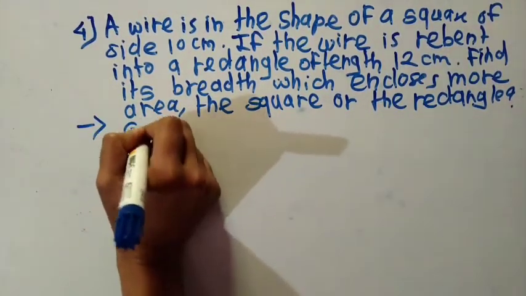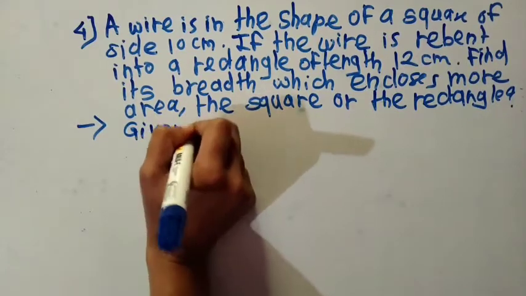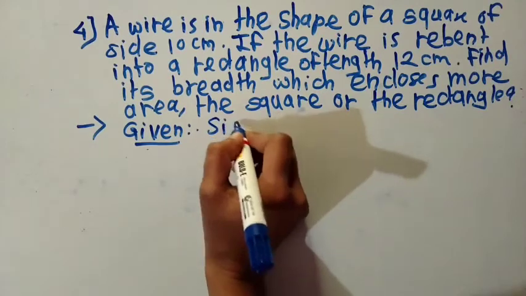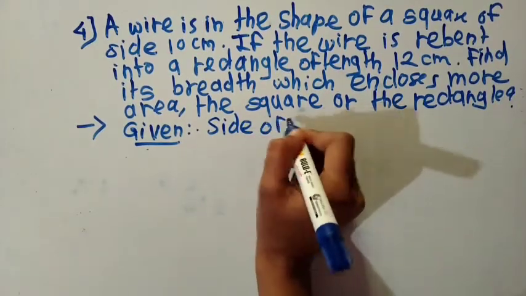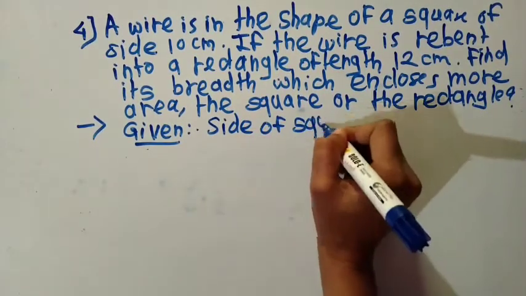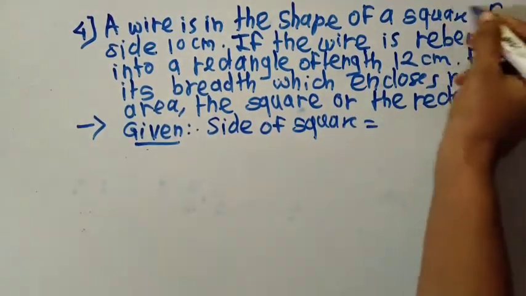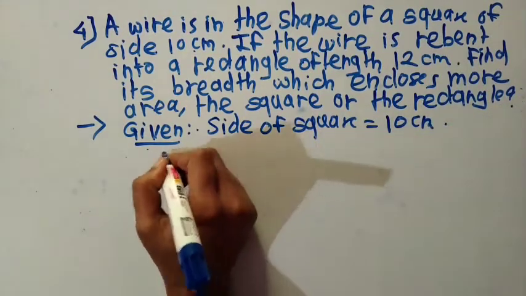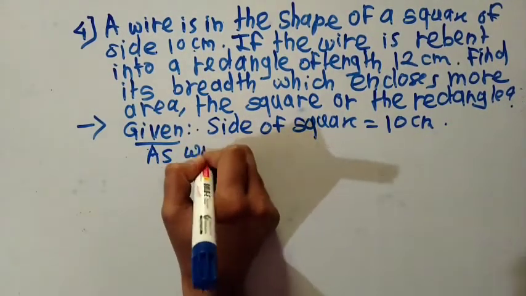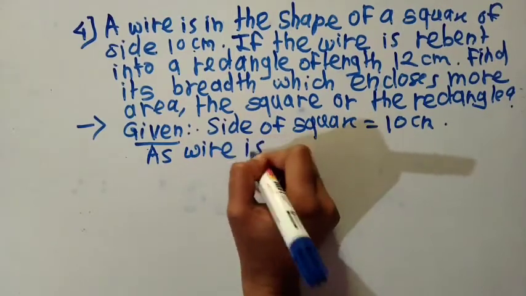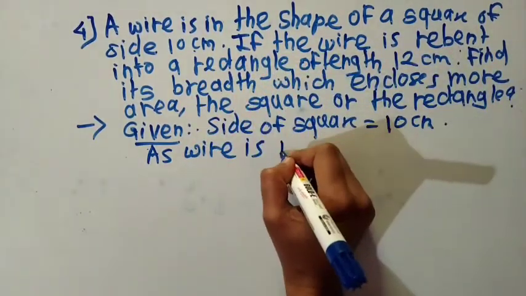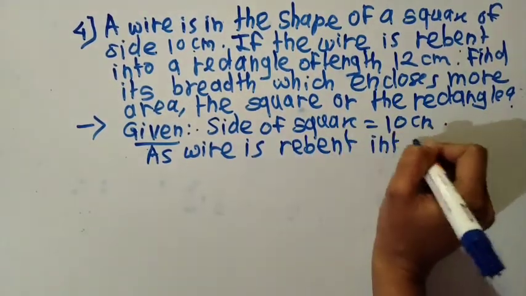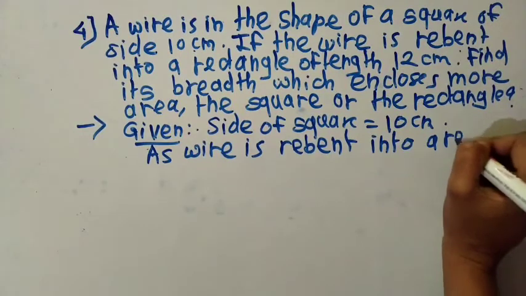First of all, given that the side of the square is equal to 10 centimeter, as the wire is rebent into a rectangle.